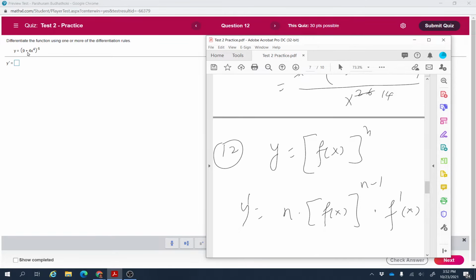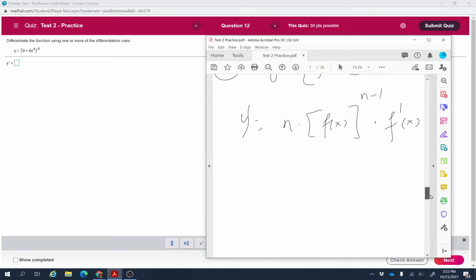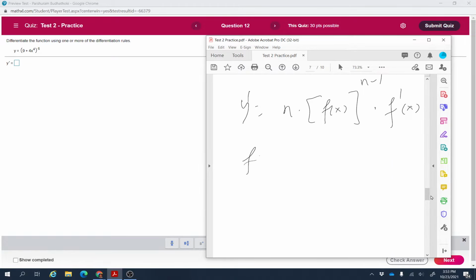Here in this case f of x is 9 plus 4 times x to the power 4. If we use that fact here, f prime is, the derivative of 9 is 0, the derivative of this is 4 times 4x cubed, which is 16x cubed.